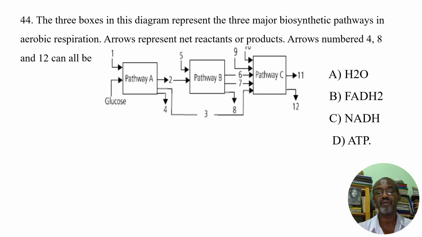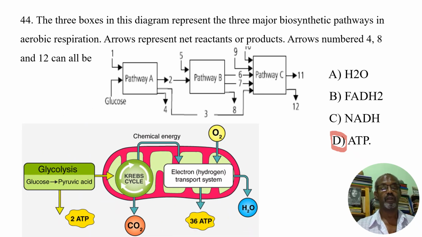NADH is produced in glycolysis and the citric acid cycle, but not in the electron transport chain. ATP, of course, is the answer. Glycolysis and the citric acid cycle produce ATP by substrate level phosphorylation, and the electron transport system produces ATP by oxidative phosphorylation when electrons jump. You can see here, glycolysis produces ATP, the citric acid cycle produces ATP, and the electron transport system also produces ATP.